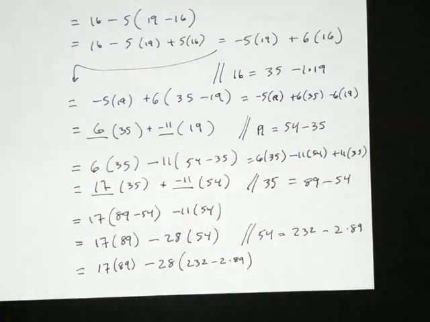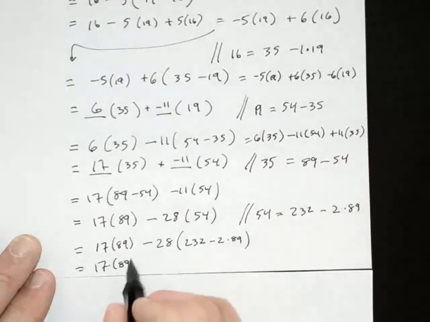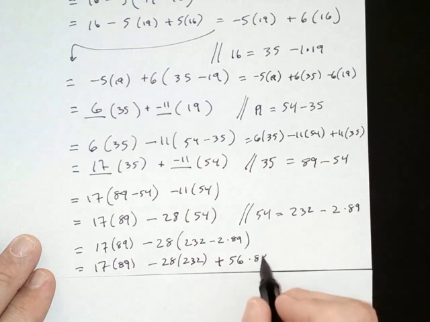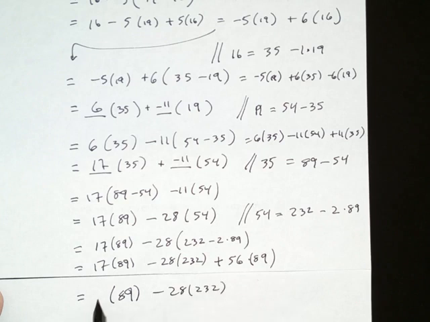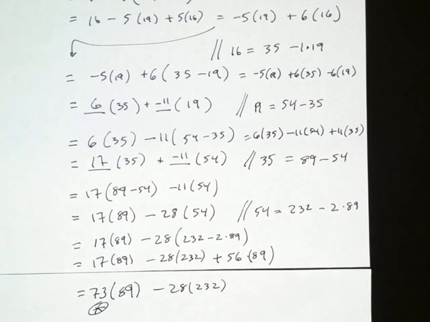When all is said and done. Here is where the distribution becomes important. 28 times 2 is 56. 56 and 17 is 73. That's the number I want.